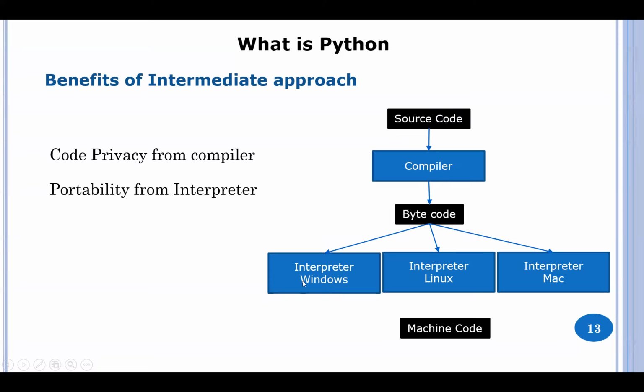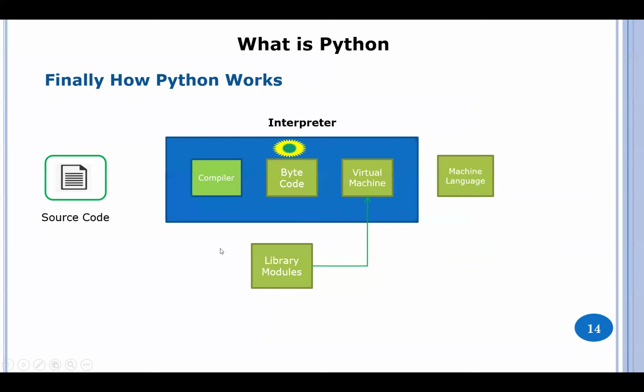Windows machine will require Windows interpreter, Linux machine requires Linux interpreter, Mac machine requires Mac interpreter. But this IL file will remain same. This file will work on all the platforms. And finally, it will convert to the machine language code and computer can understand. This is the Python approach.